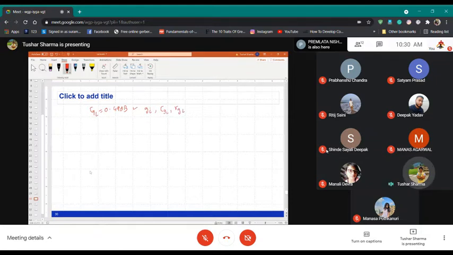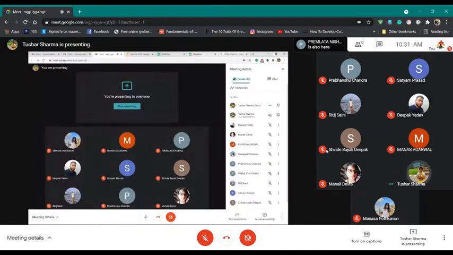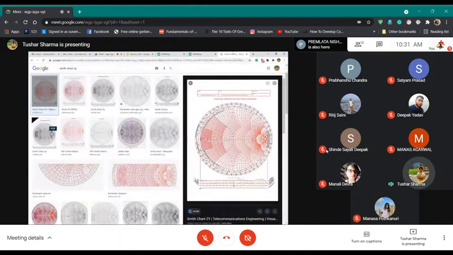In this particular case, CGL is equal to 0.48 angle 35, and RGL is 0.38. So you know CGL and RGL. Again, go back, get a Smith chart, and let's quickly plot it.